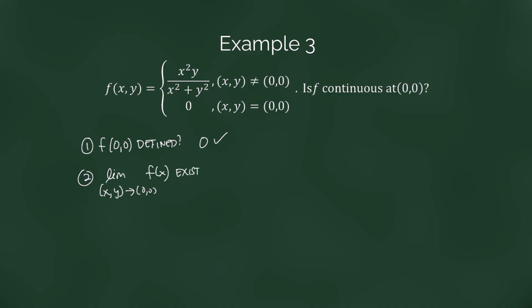This is actually a limit we've seen before. We're going to use the squeeze theorem. We're going to see that the absolute value of this function is exactly equal to x squared times the absolute value of y over x squared plus y squared, because every other term is positive.